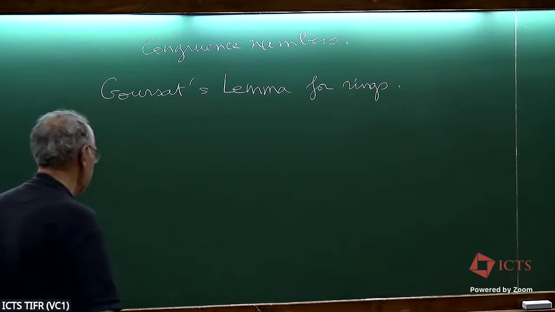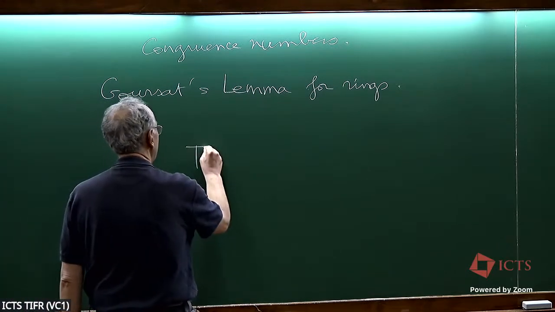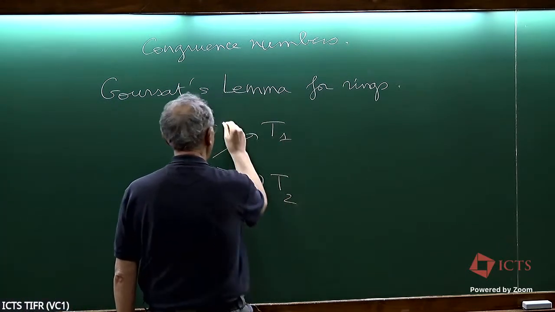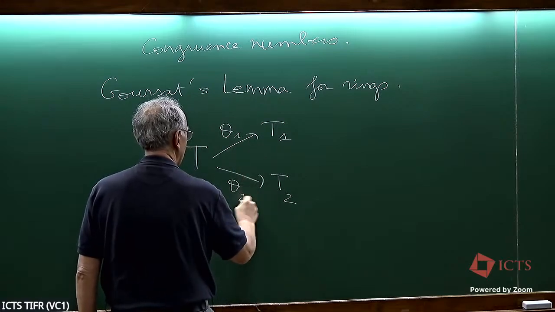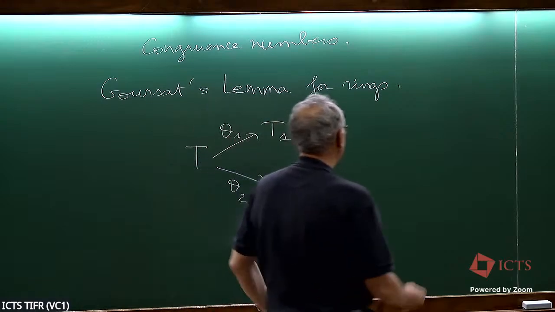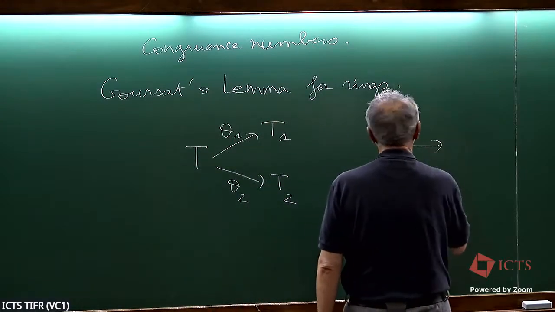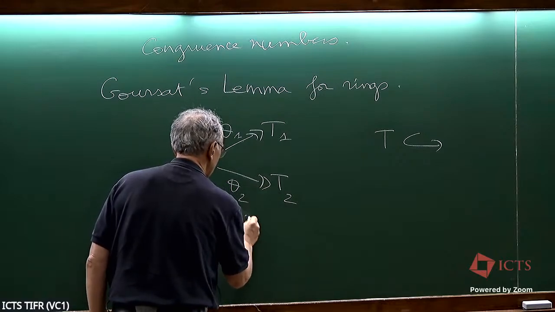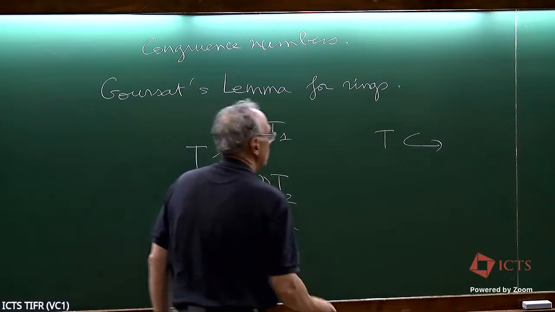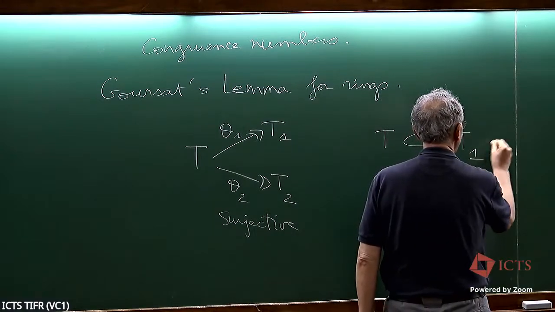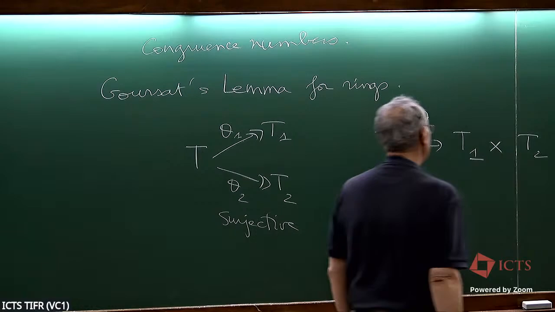for anything, basically. You have 3 rings and 2 homomorphisms. And you assume that they are surjective. And you assume that they induce an injection to the Cartesian product of the rings.